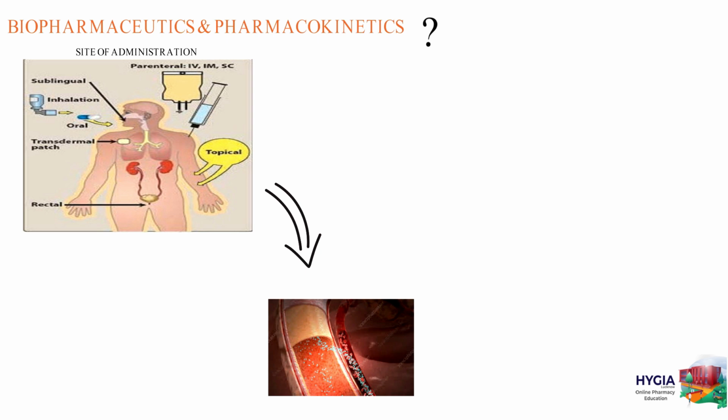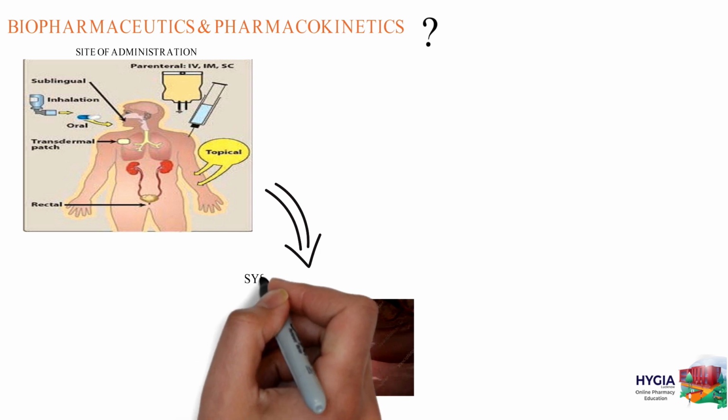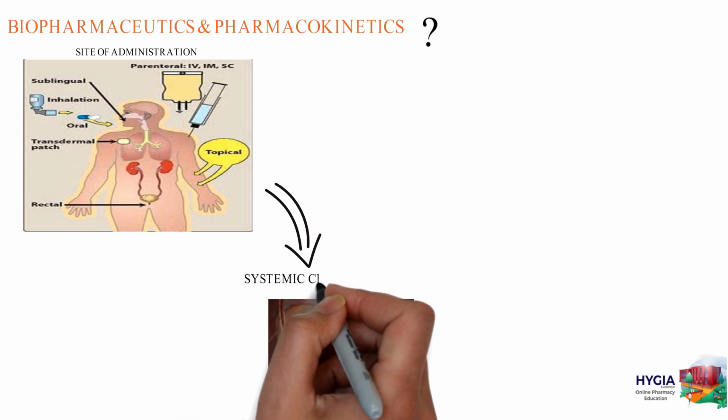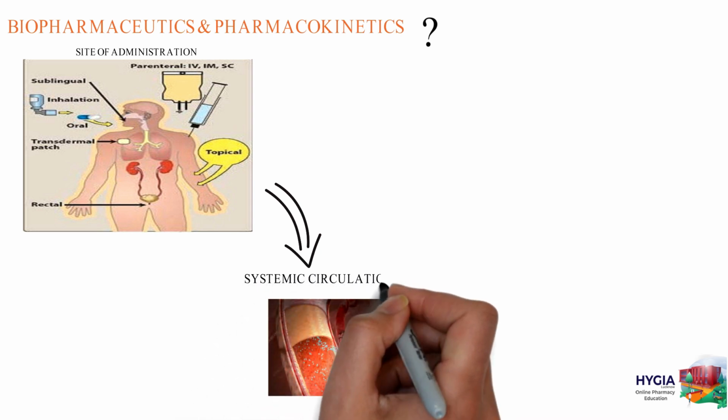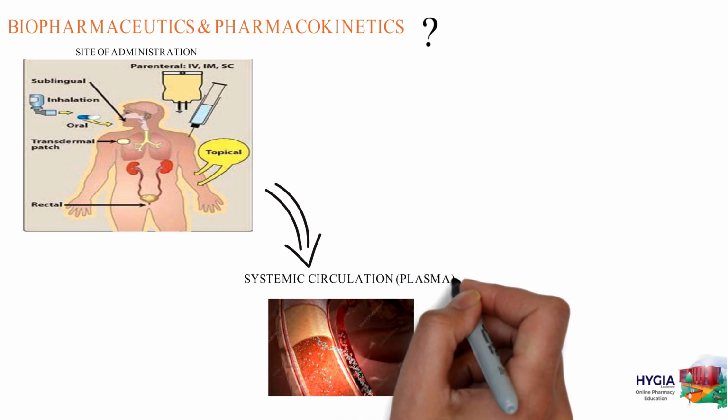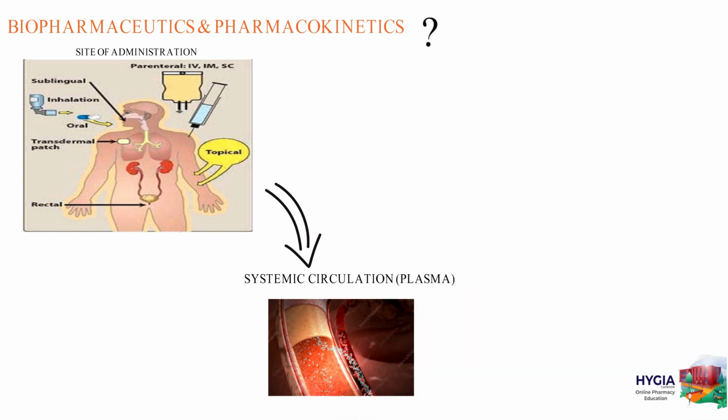For example, in case of parenteral, the drug is directly transported to systemic circulation without any barrier. So the absorption is 100% and the response is much faster. But in case of oral, the drug needs to be transported through the barrier of the gastrointestinal tract, that is the GI lumen.